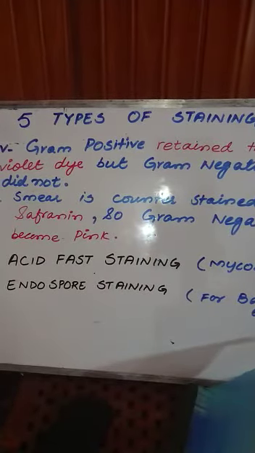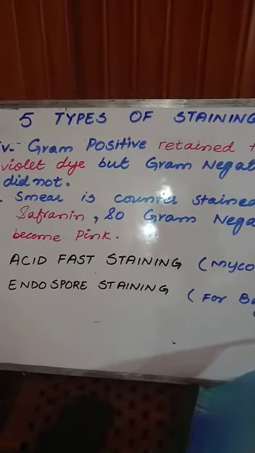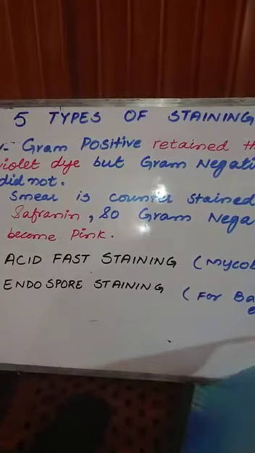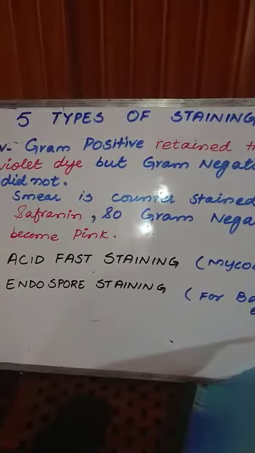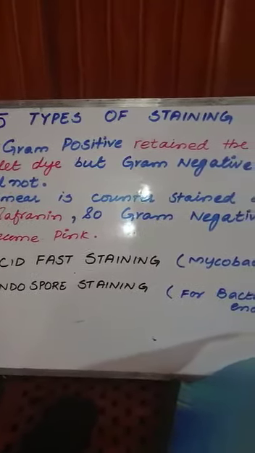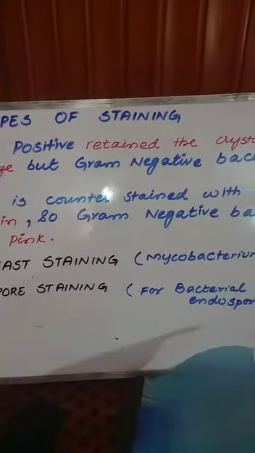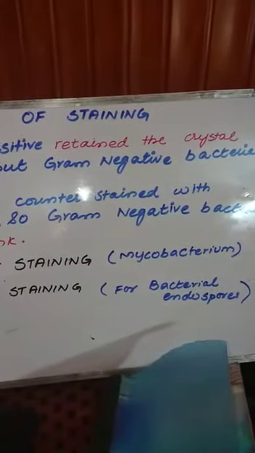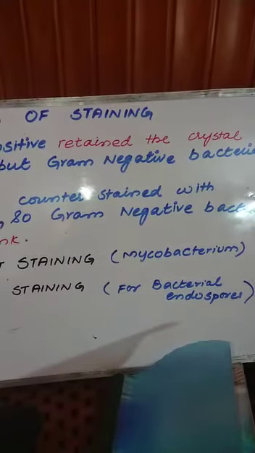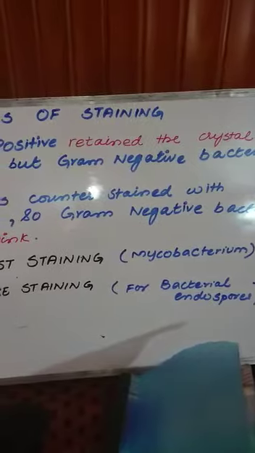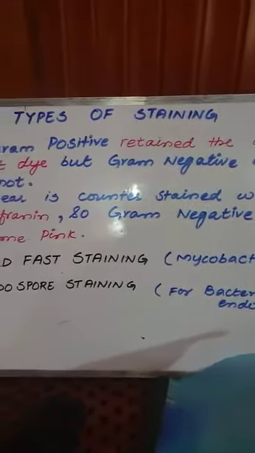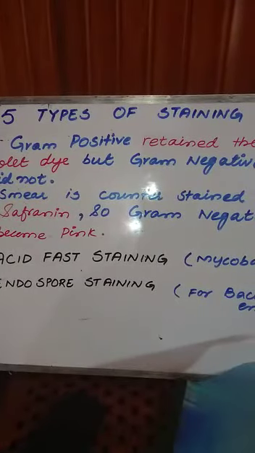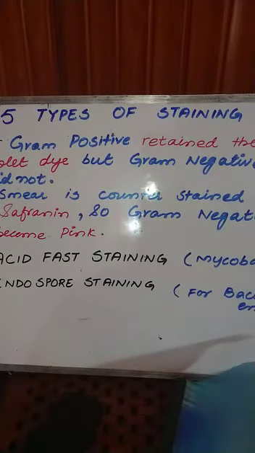This technique is called endospore staining, and it is used to stain bacterial endospores in order to observe them deeply. So girls, these are all the 5 basic types of staining.